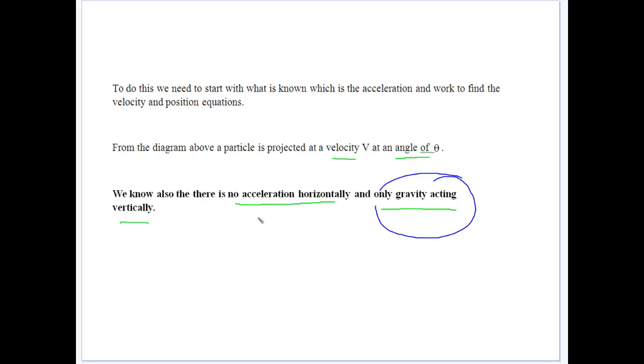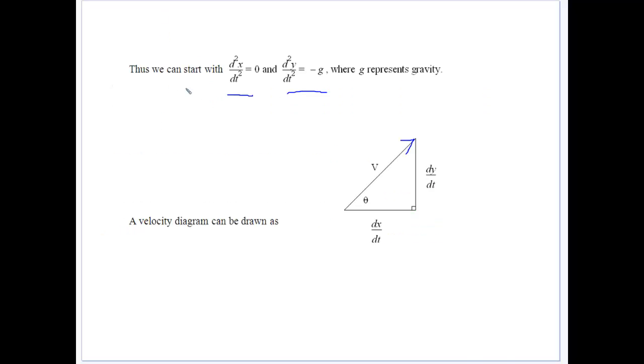So that's where we have our starting positions. The second derivative of our horizontal motion is equal to 0. The second derivative of our vertical motion is equal to minus g, where g represents gravity. So acceleration horizontally, acceleration vertically.